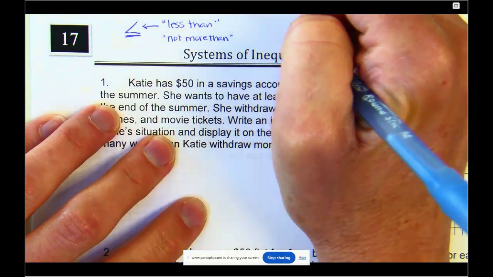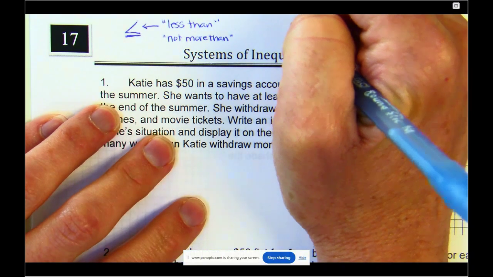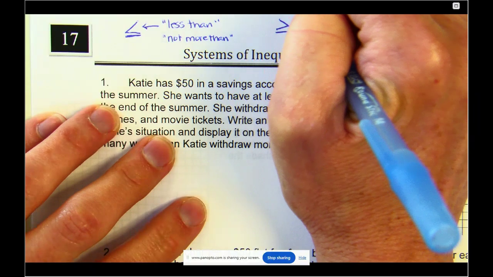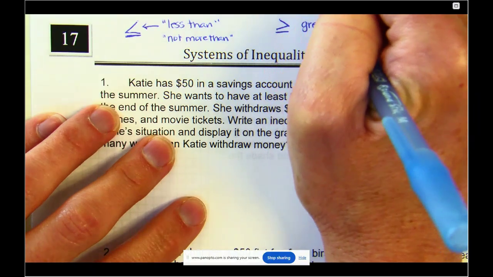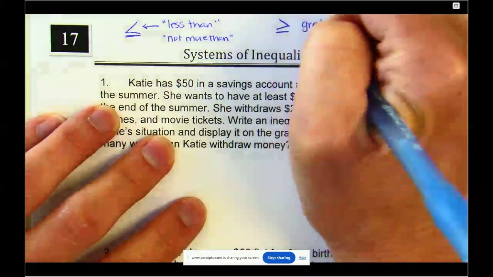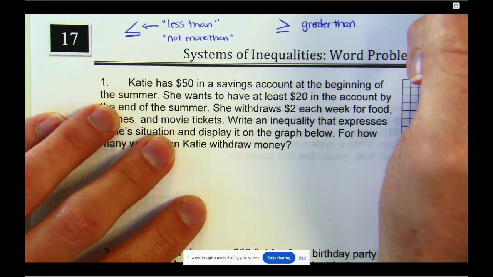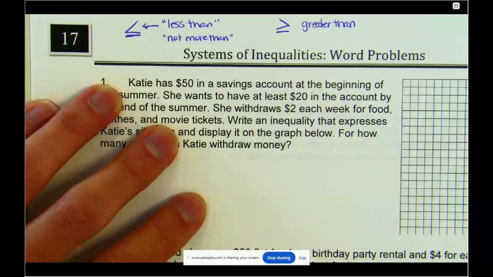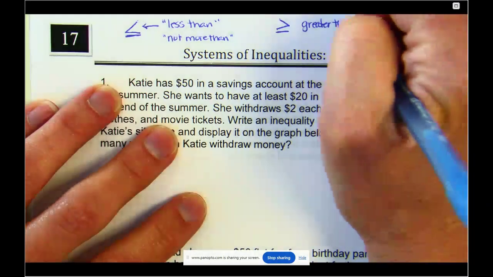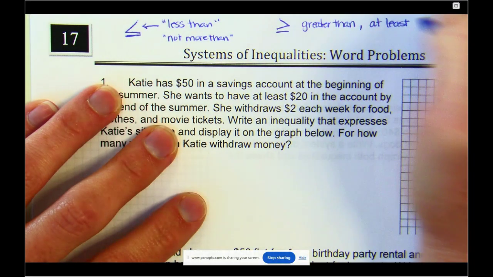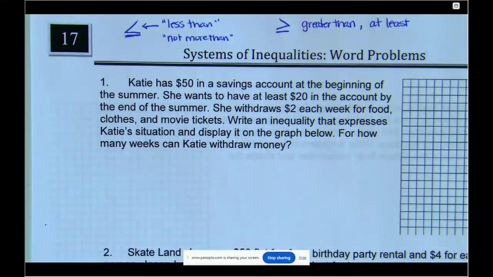Can you pay attention to what we're doing right now? This one is greater than. You would sometimes see the words at least. That's a sneaky one because people see the words at least and they are like, oh, that's less than.